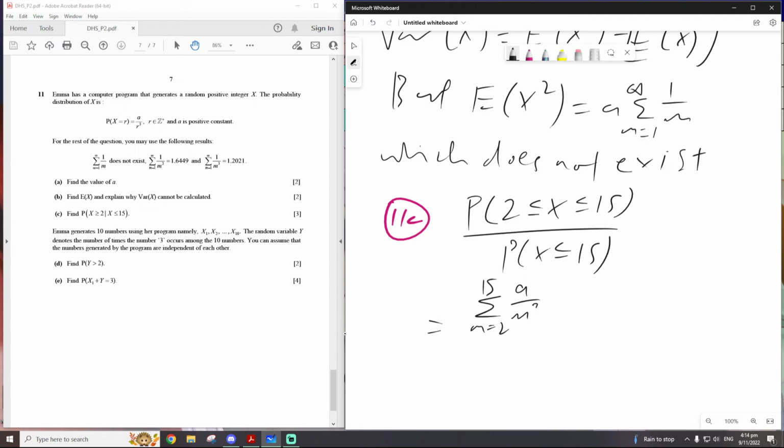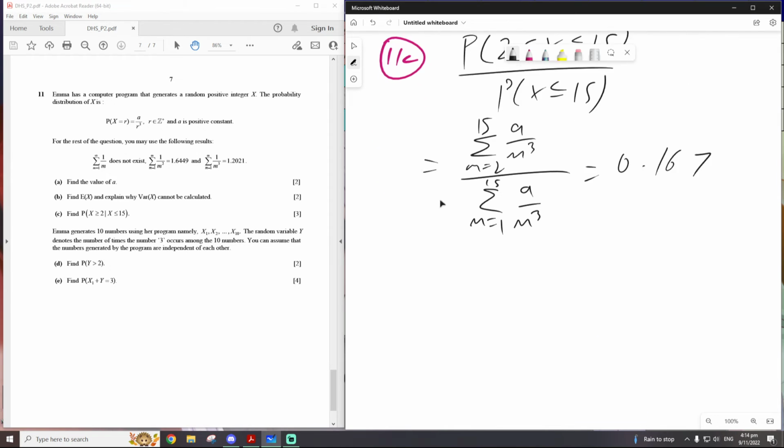A over m cube divide by the sum m equals to 1 up to 15 of a over m cube, which is 0.167. Okay, and I'm going to leave it at that because we don't need to use that result later.